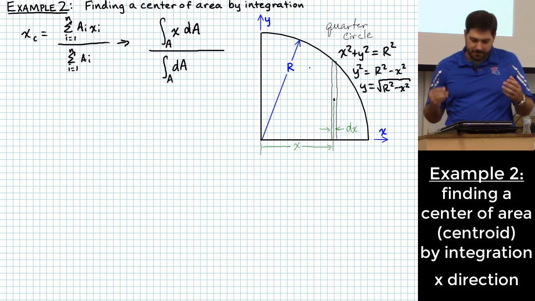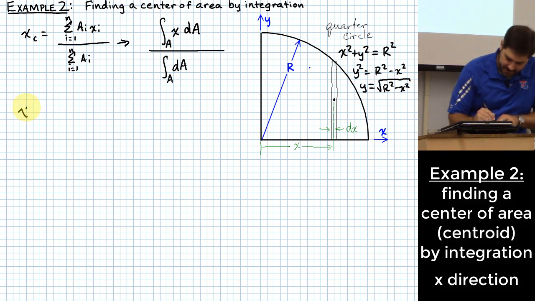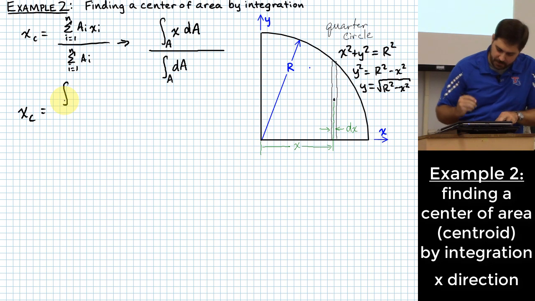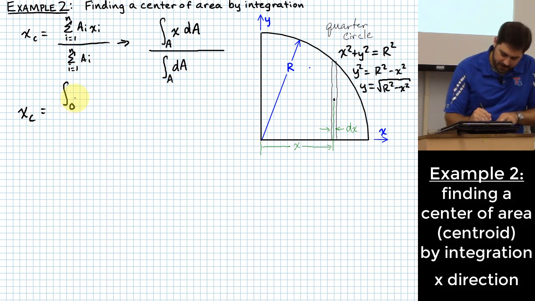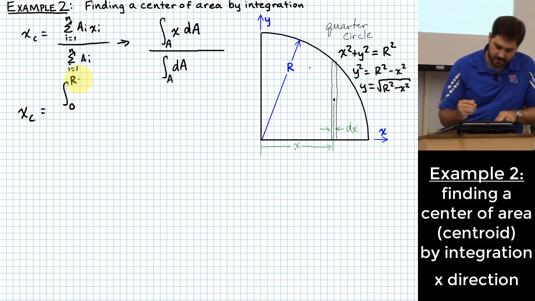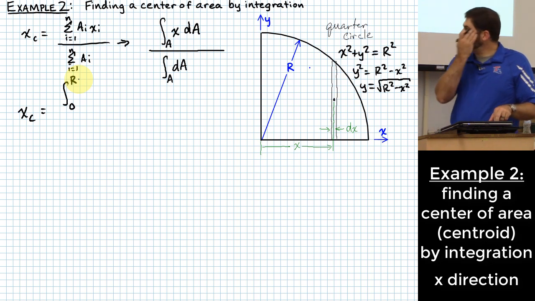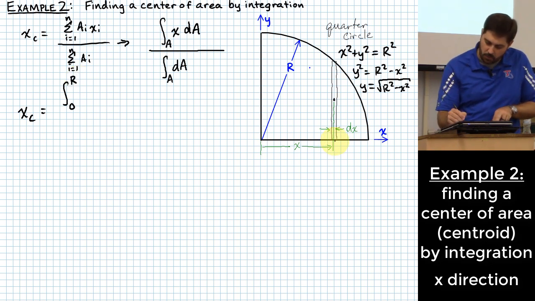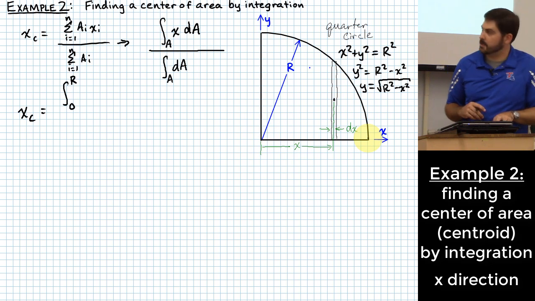So for our problem, x sub c is going to be equal to an integral. Someone said, let's go from 0 to r. The reason we know we want to go from 0 to r is we're going to let our x coordinate vary from our leftmost rectangle, which is 0, over to our rightmost rectangle, which is going to be at r.